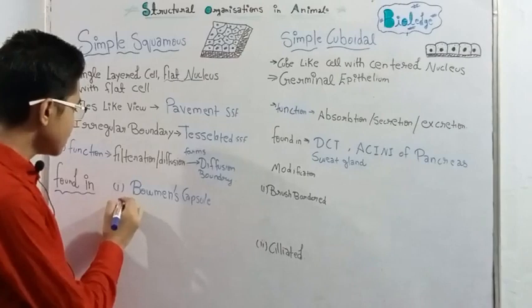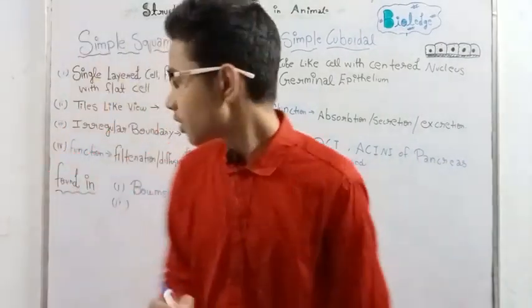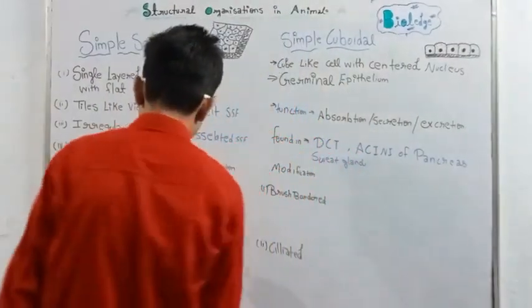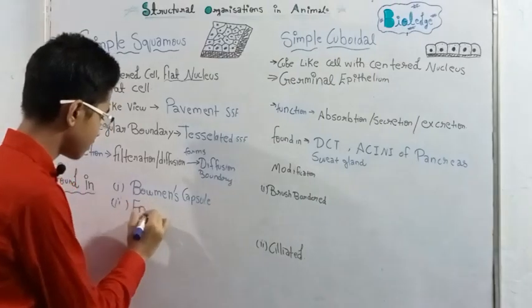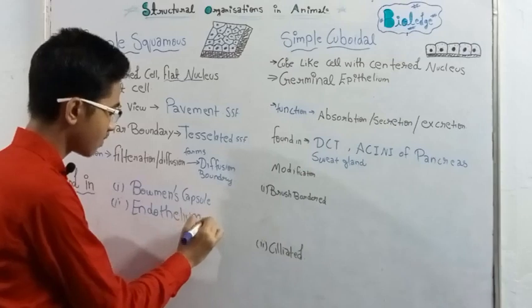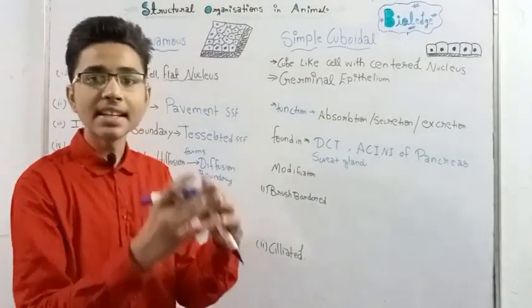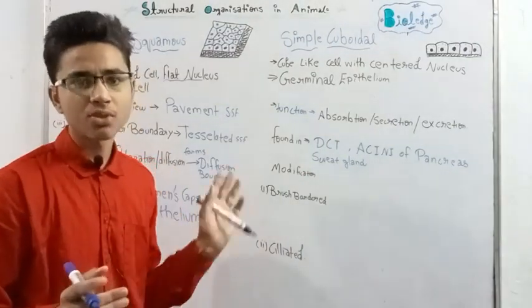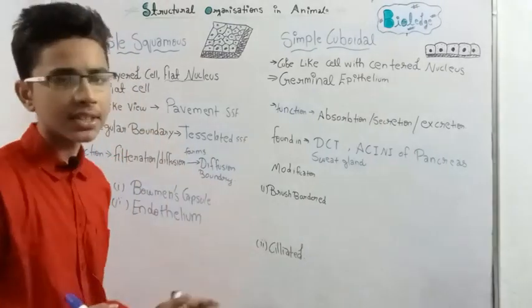Next location we have is endothelium. Endothelium is basically the inner lining of the blood vessels. So they can easily diffuse the particles.